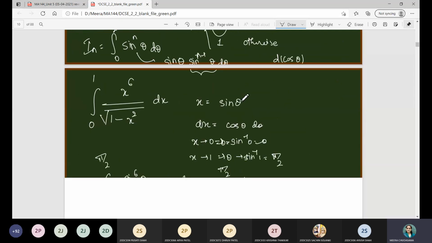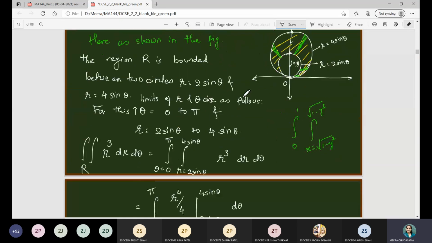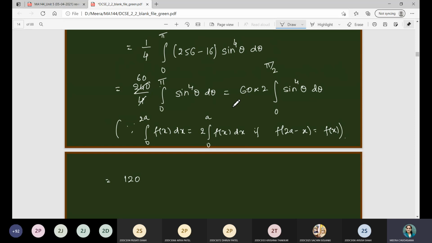So here n is 4, so I have to start the numerator with 3, then I consider the difference of 2, so 3 into 1, upon the denominator starting with n, which is 4 over here, then the difference of 2, so 2, into k.